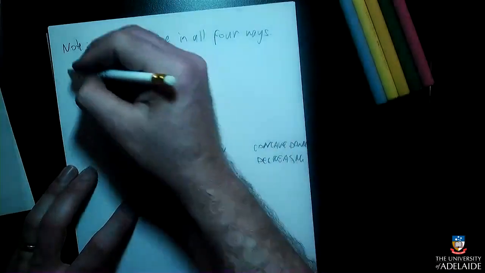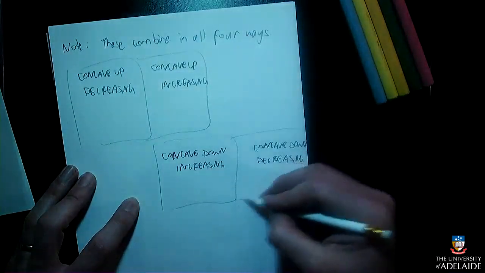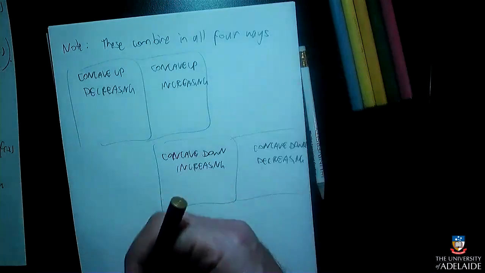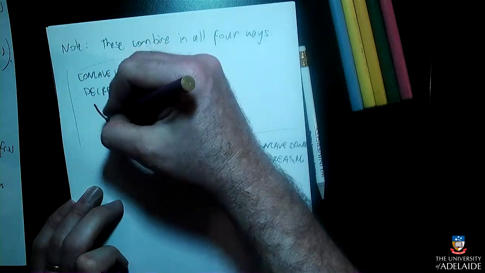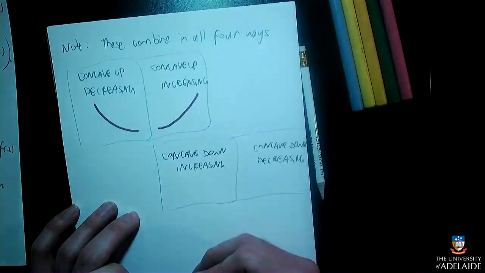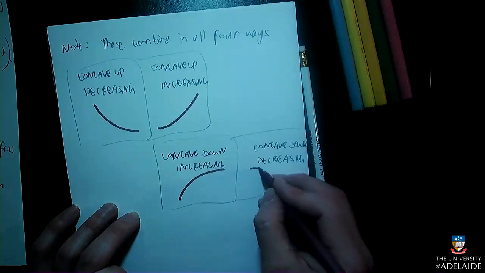And they are all possibilities. So concave up decreasing is this. Concave up increasing is this. Concave down increasing is this. And concave down decreasing is this.